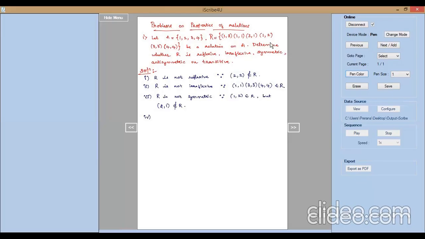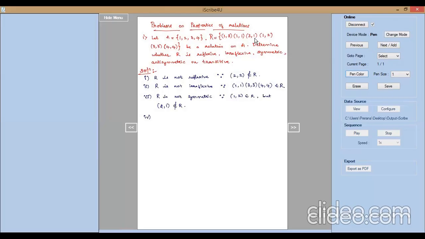We observe it for the element (1,3). I am assuming (1,3) as (a,b). So we observe (1,3) belongs to relation R and 1 is not equal to 3. Then according to the definition for antisymmetric, (b,a) should not belong to R. Whereas I observe (3,1) is belonging to the relation R. So it is not antisymmetric.